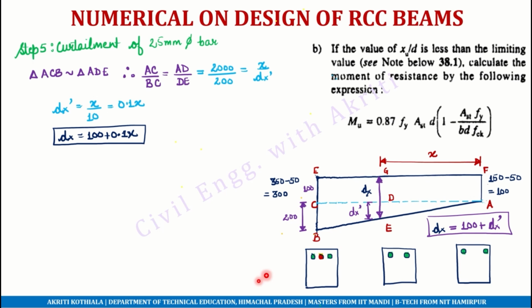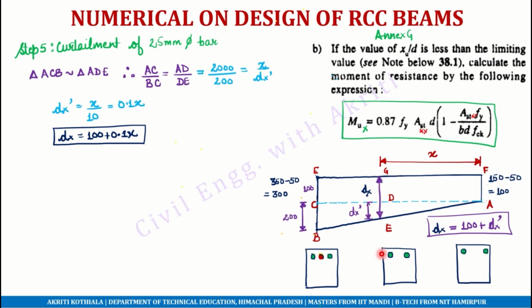The next point is to calculate the moment available at this point. To calculate this moment, we can again go to annexure G and use the formula given there to calculate the moment at point XX, and we can call it MUX. However, we have to be very careful that the value of AST will be corresponding to the section XX.